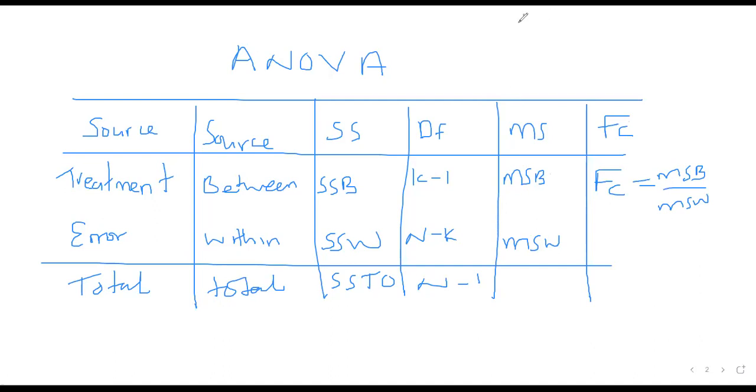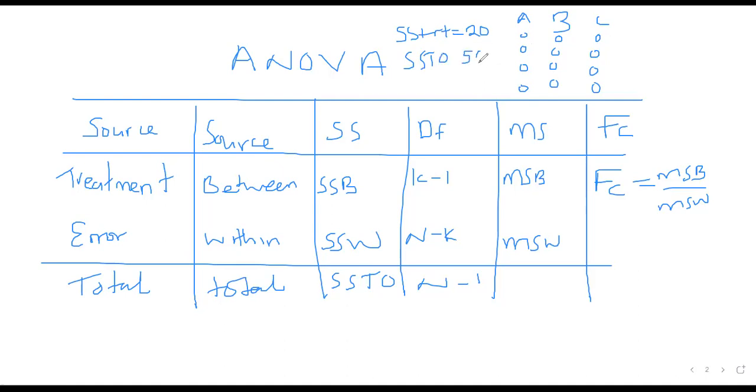Now, like I said, if you are given A, B, and C, with numbers 1, 2, 3, 4 in each column, and we are told the sum of square treatment, which they've already calculated for you, is maybe 20, and the sum of square total, which they've already calculated, is maybe 56.